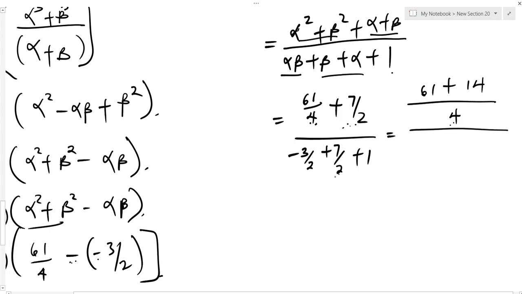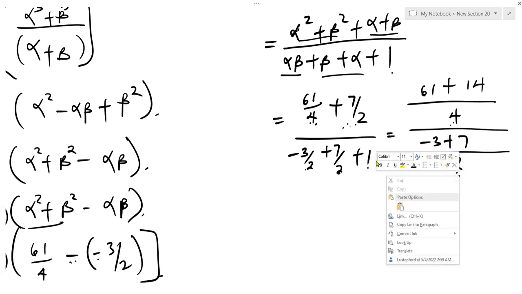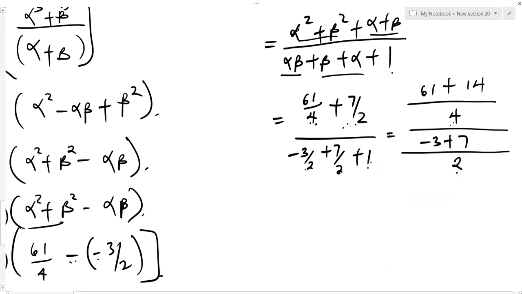The LCM of 2, 2 and 1 is 2. So you have 2. 2 divide 2 is 1. 1 times minus 3 is minus 3. 2 divides 2 is 1. 1 times plus 7 is plus 7. Now 1 divide 2 is 2. 2 times plus 1 is plus 2.